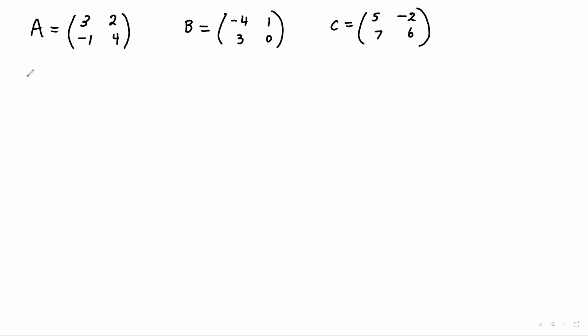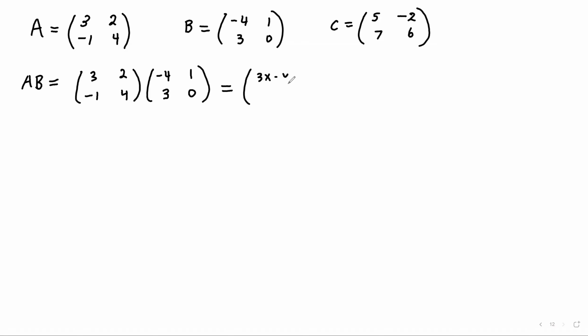Good. So AB would be equal to 3, 2, negative 1, 4 times negative 4, 1, 3, 0. That would give me, well, 3 by negative 4 plus 2 by 3, row 1 times column 1. And then row 1 times column 2.